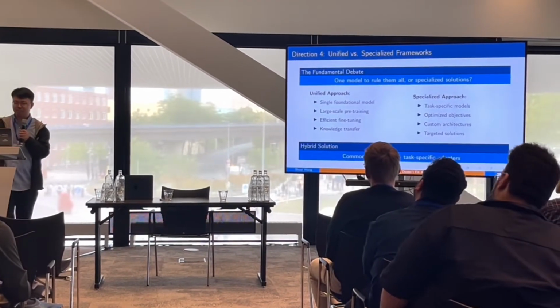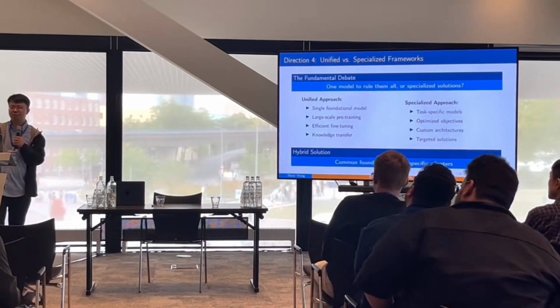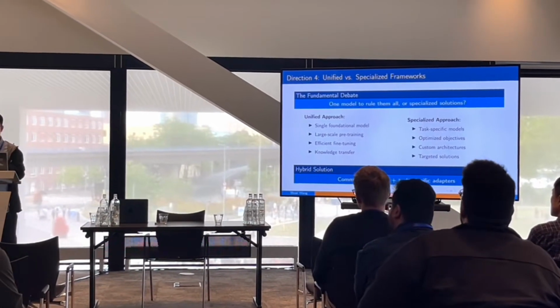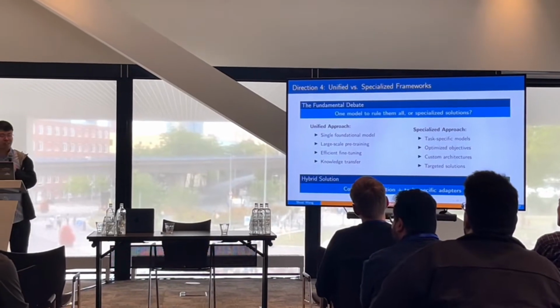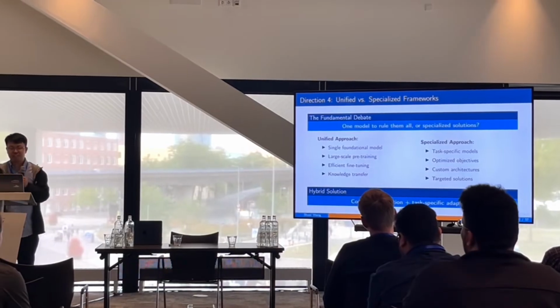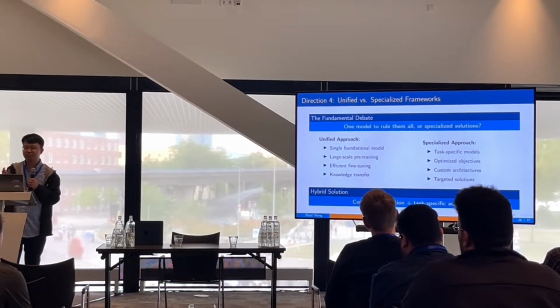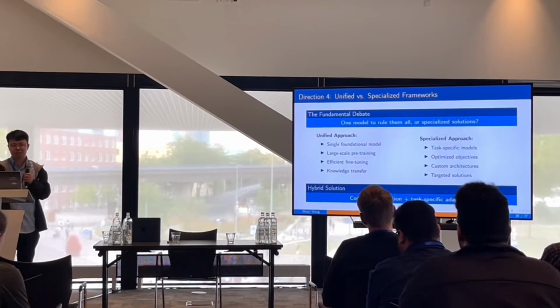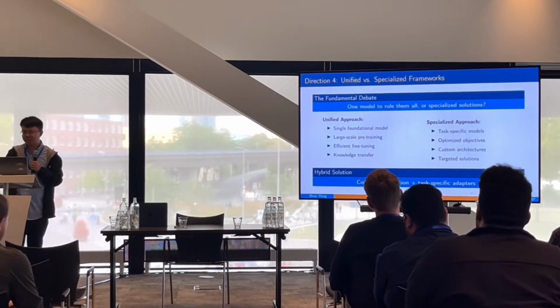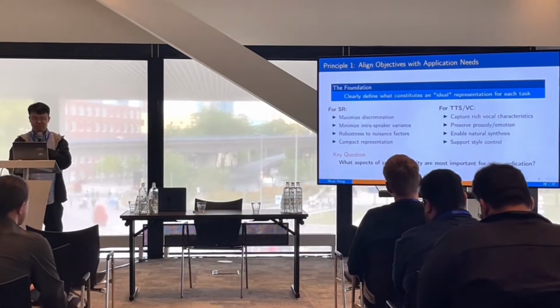Then the problem becomes: for the foundation model, what do you want to capture? Whether it's pure speaker identity, and then for the target task, you add different attributes to the foundation, or it contains a lot of different attributes, and you remove certain attributes to get your final task-specific speaker representations.